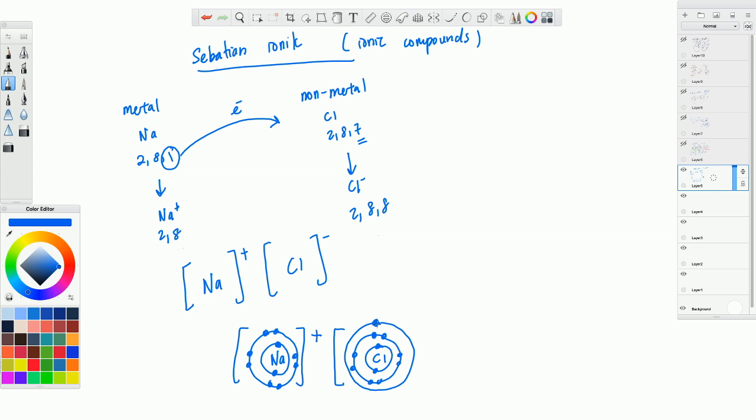So make sure you draw the last one differently. This one should be a different color. Draw cross, okay? This one I use dot, that one side I use cross. So 2, 8, 8. But you draw 7 first. The 8th one is the one that's different. So it's negative. Right, so that's how you draw ionic.